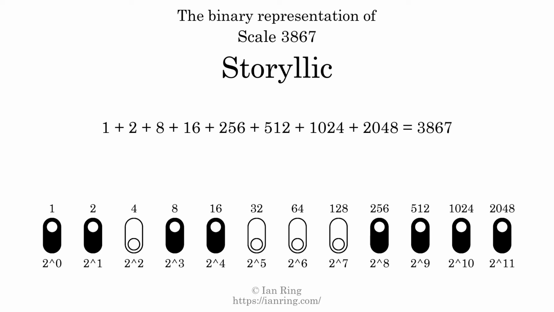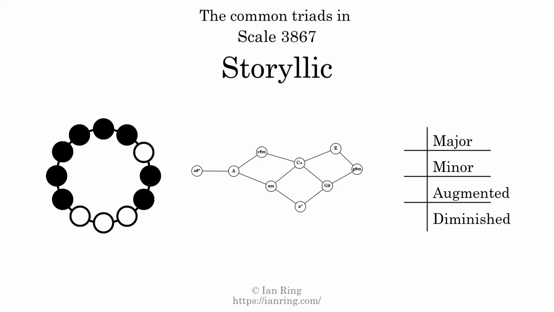That is why the scale number, in decimal, is 3867. The scale number not only enumerates the scale with a unique index, but it also literally describes the tonal content of the scale. Represented as a binary number in base 2, the scale number is 111100111011.